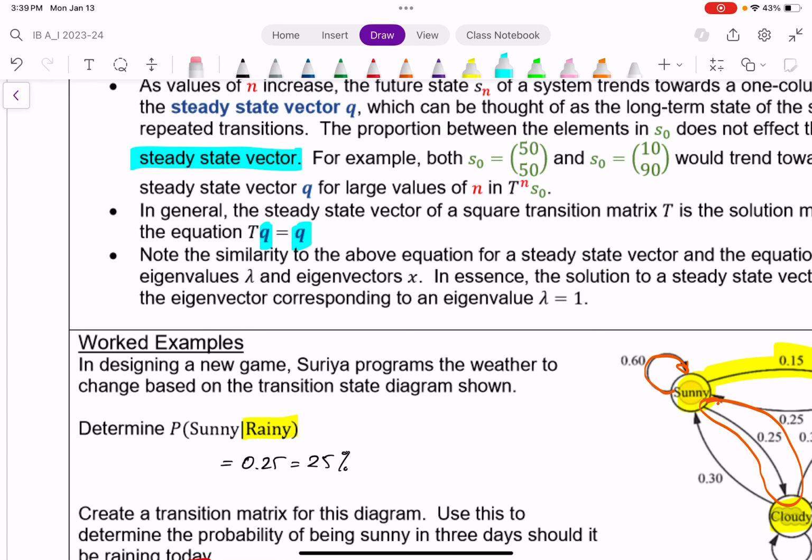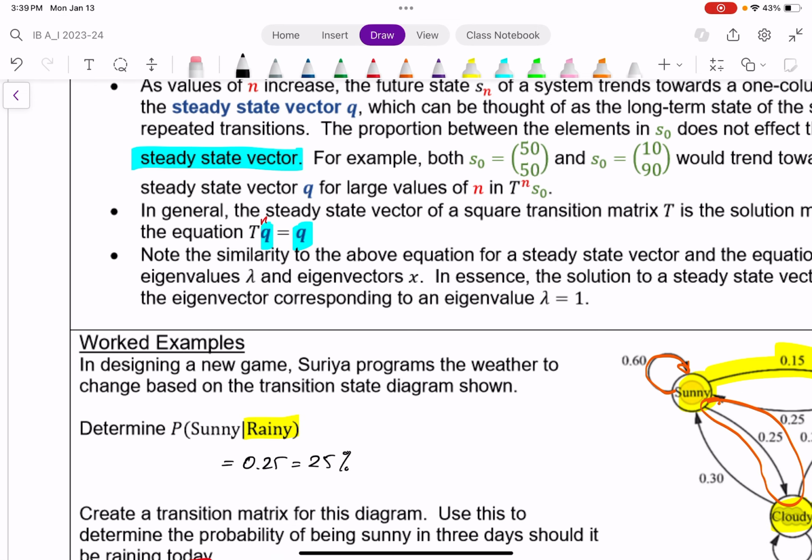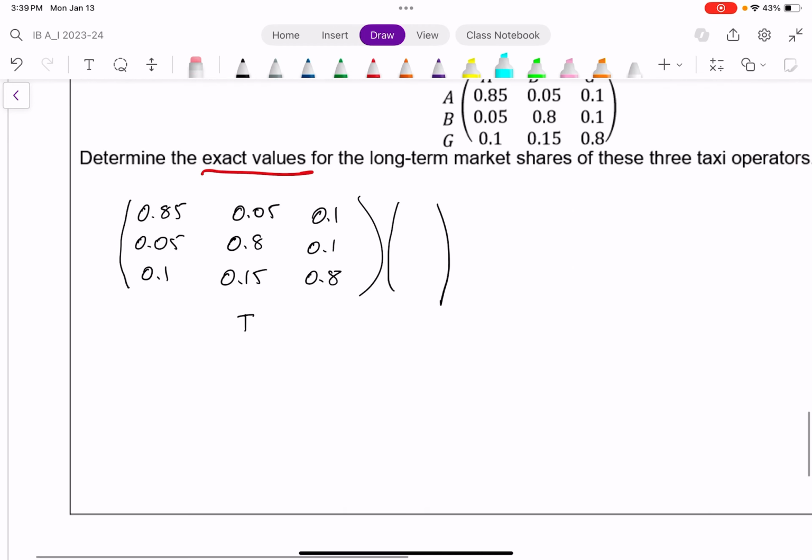By that, instead of having to raise it to a really big power, keep in mind if it's always going to converge towards a certain number, well, then if we can just find what that is from the start, it just won't change. So if I can solve something like this, I can get to my answer without having to just pick some big number. It may be a bit more work, but it's also something we should understand.